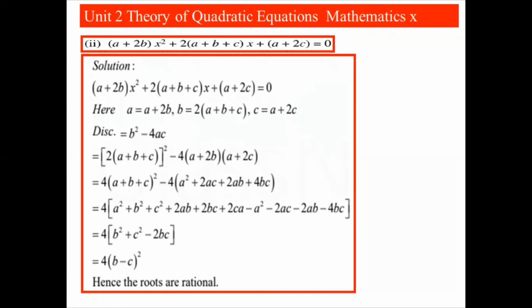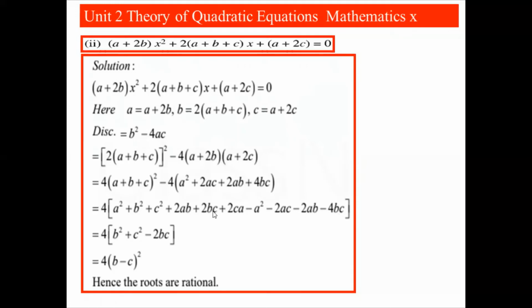Now we can cancel some terms. This is positive a square and this is negative, so this cancels out with this one. These are the other terms which can be cancelled. This is plus 2ab and this is minus 2ab. This is plus 2bc, and here we have minus 4bc, so we are left with minus 2bc.